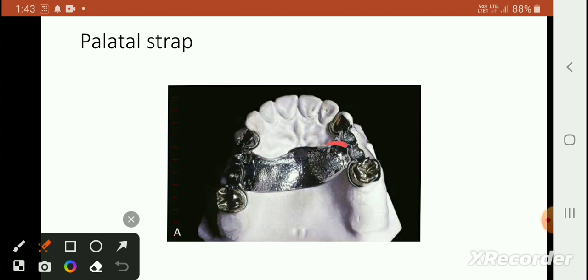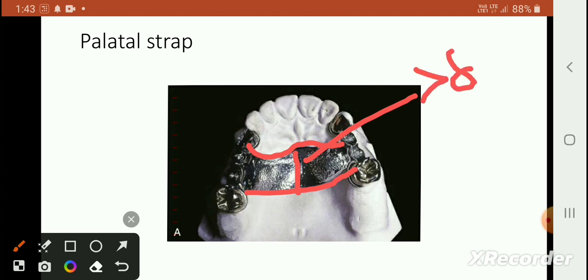What is the difference between a strap and a bar? It is a strap when this width is greater than 8 mm.